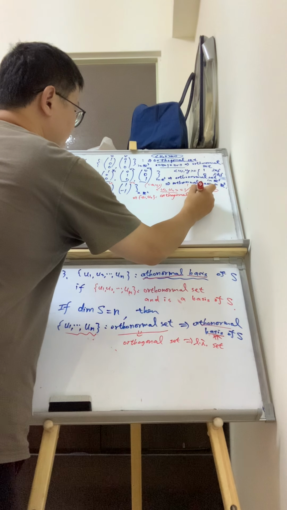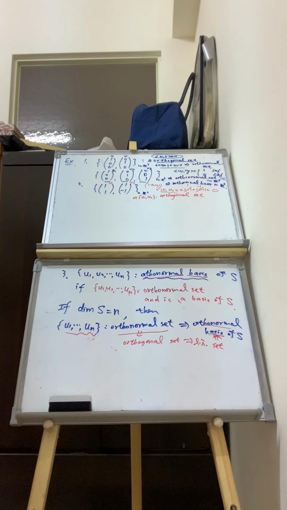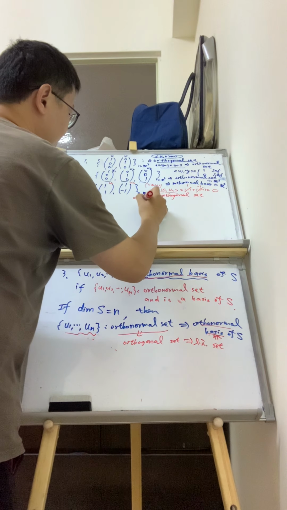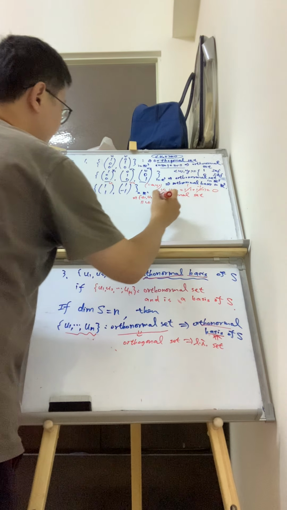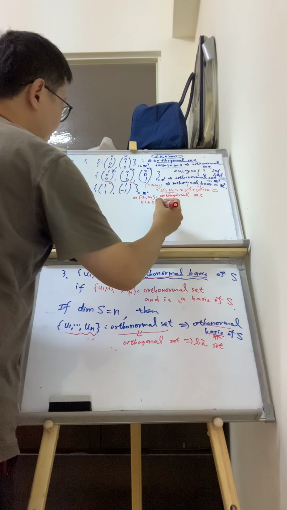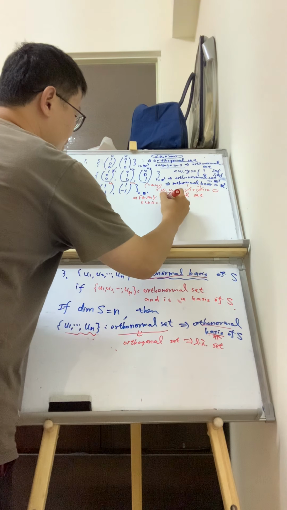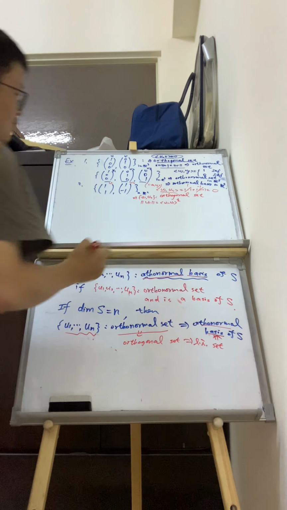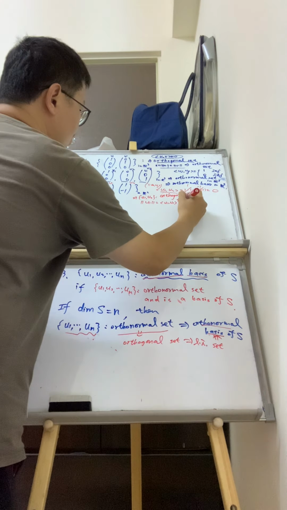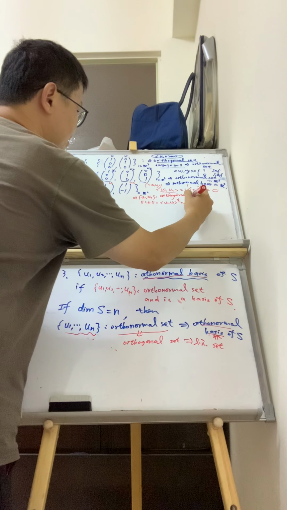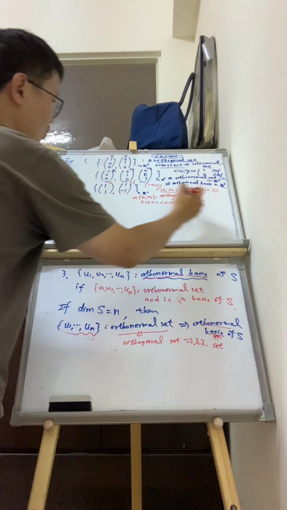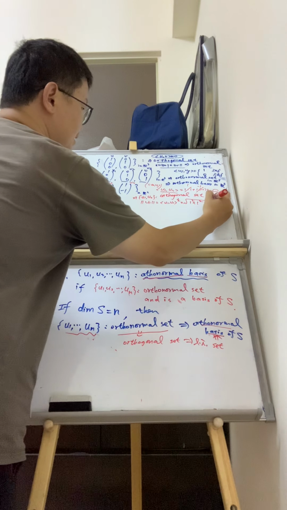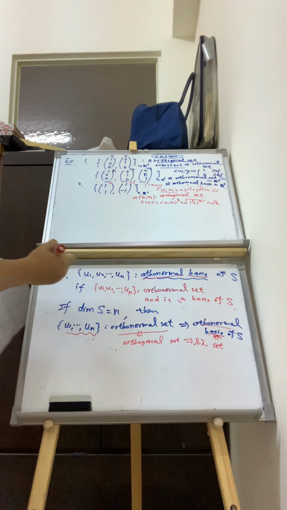It's an orthogonal set. But what's their length? The length of u1 is the square root of the inner product, which means the square root of 1 squared plus 1 squared, so it's exactly the square root of 2.